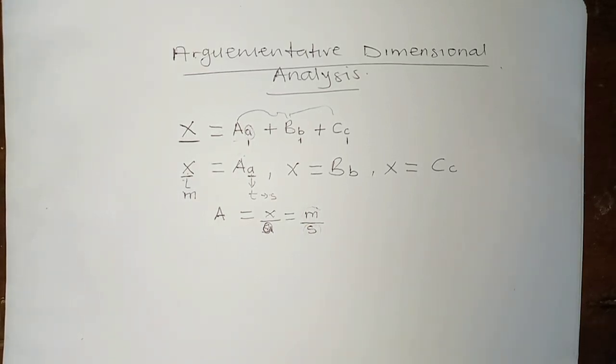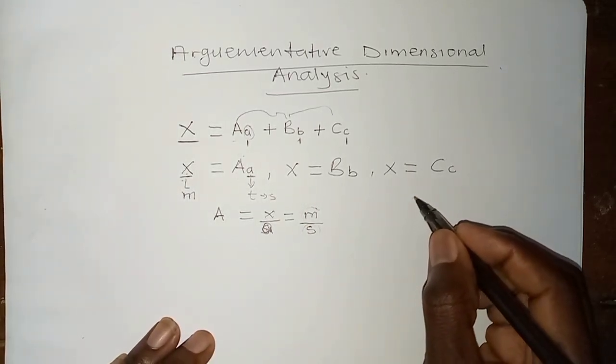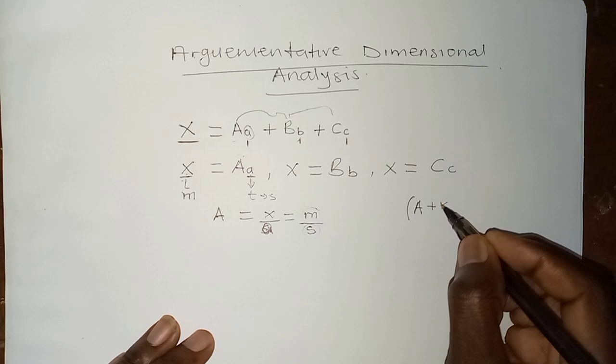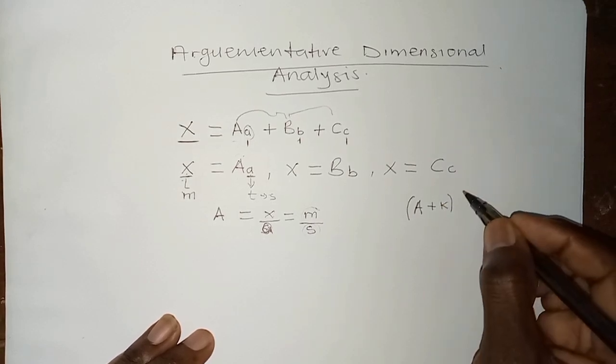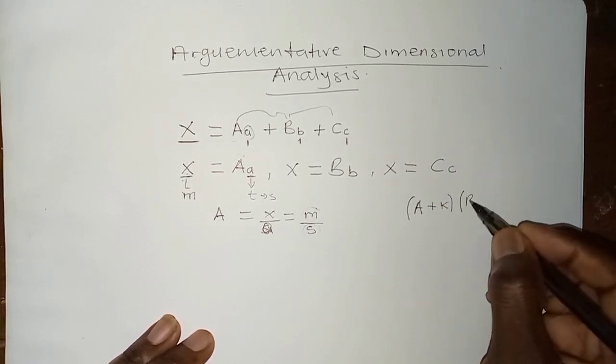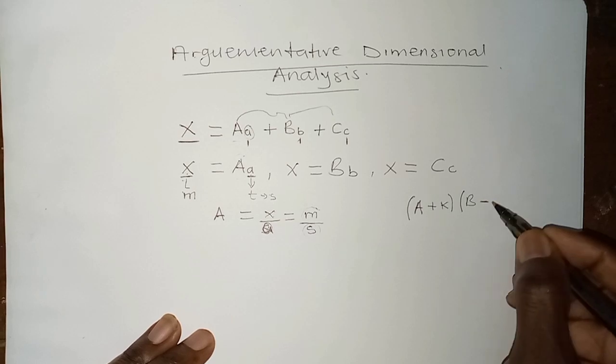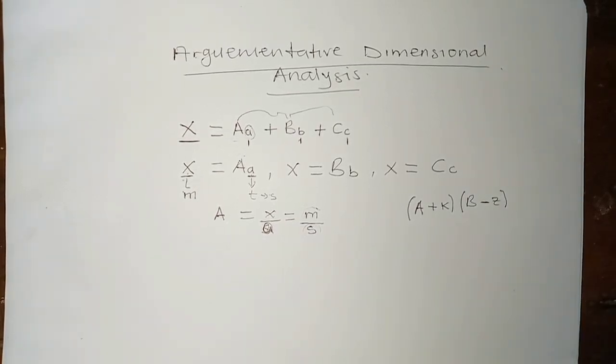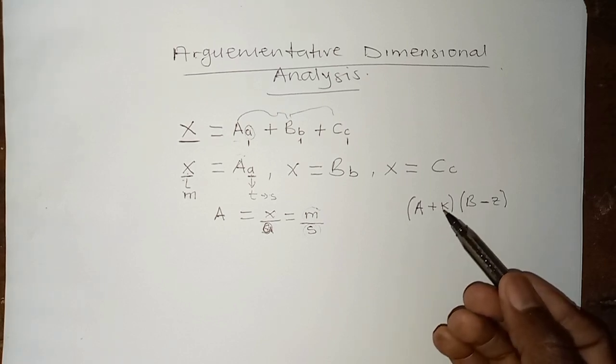Same applies if two quantities are arranged in this format, whereby maybe a is a dimension plus k, which is not having dimensions, open bracket, then b again is having dimensions, minus z, which doesn't have dimensions. How do you handle this kind of situation if you want to come up with the dimensions of k?